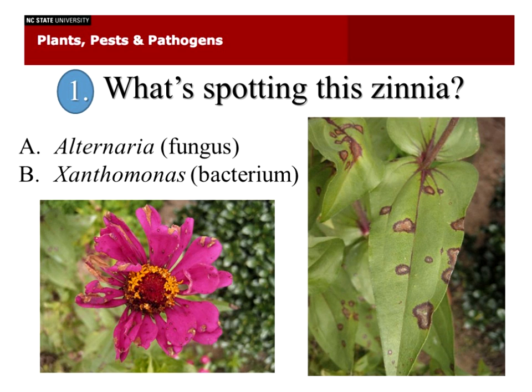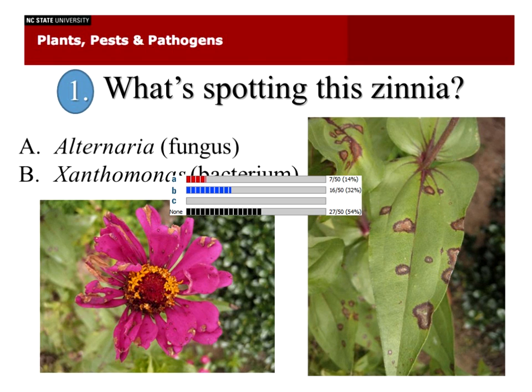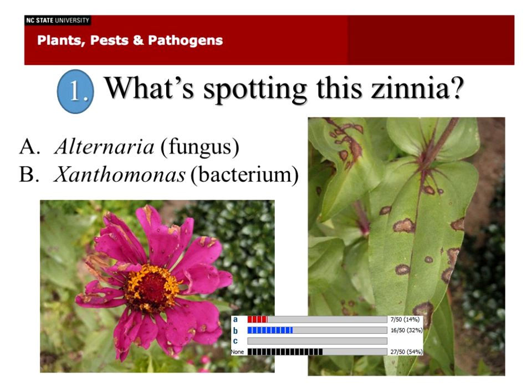All right, let's see. According to you folks, 7 out of 50 said it was Alternaria, 16 out of 50 thought it was Xanthomonas bacterium, and 27 out of 50 did not reply.